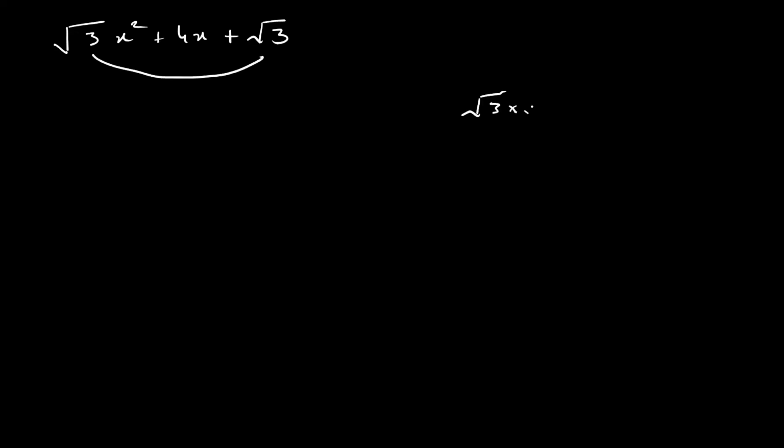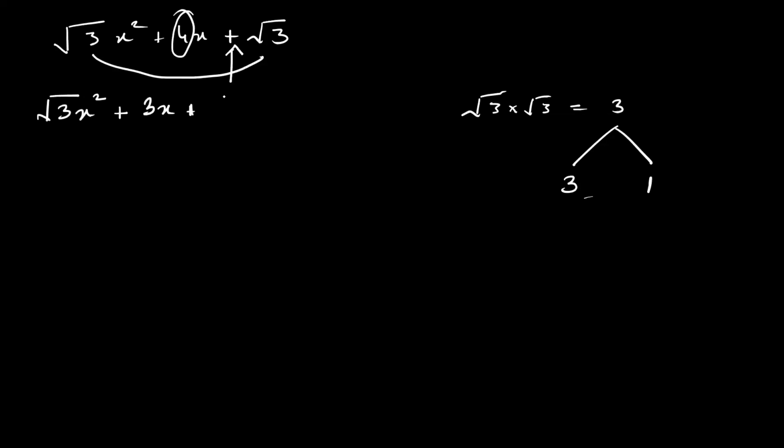So root 3 into root 3 gives us 3. The factors of 3 will be 3 and 1. And see, if the last sign is plus, that means you have to add and get the middle number. So if I add 3 and 1, it becomes 4. So I'll write it as root 3x square plus 3x plus 1x, plus root 3.